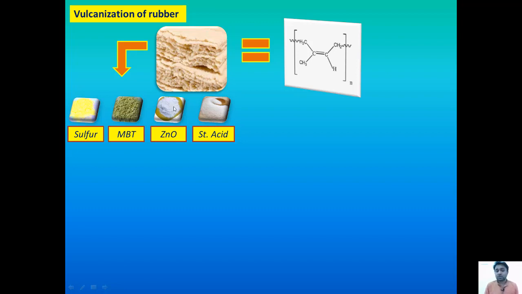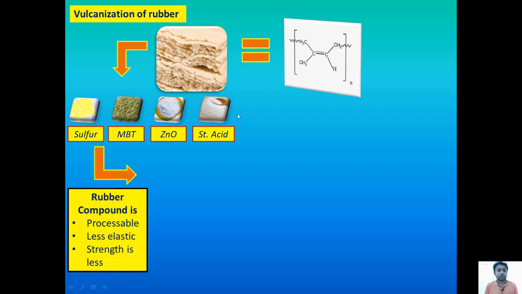And normally we use zinc oxide and stearic acid together in rubber compounds as an activator system. Zinc oxide and stearic acid.